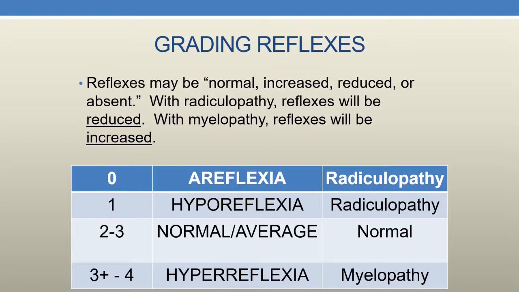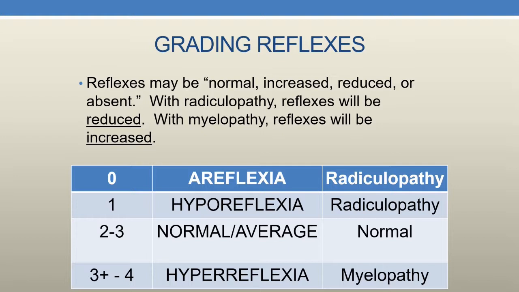Now, depending upon how the reflexes are, will start to give us our first indication as to what type of condition our patient is presenting with. With radiculopathy, the reflexes are going to be reduced. With myelopathy, the reflexes are going to be increased.